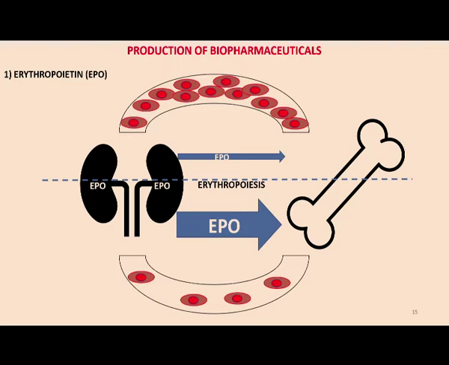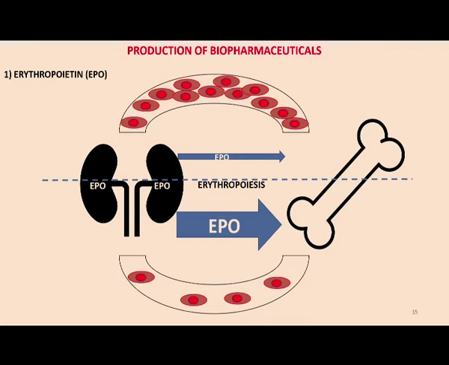So, when you have very few red blood cells circulating in the blood, as is the case for patients who suffer from anemia, then the kidneys are instructed to produce more erythropoietin. So, a greater amount of erythropoietin would reach the bone marrow, and therefore, the bone marrow would start to produce more red blood cells. So, this is like a feedback mechanism.